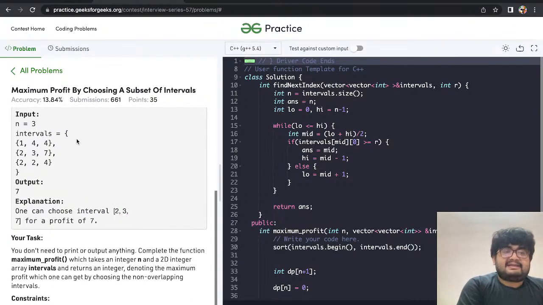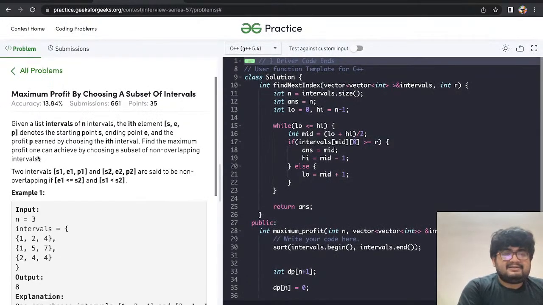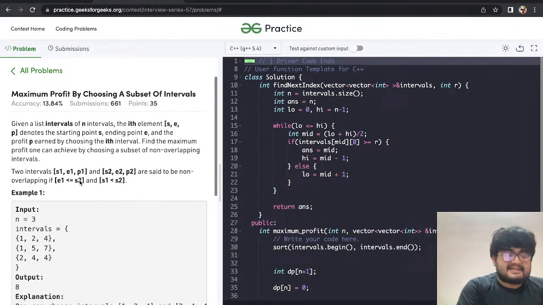So basically, I have understood that this question is a bit weird. Non-overlapping is the condition, right? If E1 is less than or equal to S2.